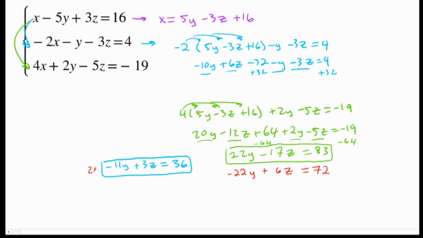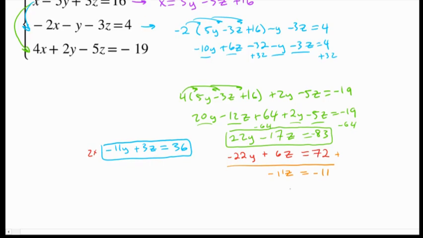Is that a positive 72? Oh, no, it's a negative 83. That was my fault in the green there. Okay, so now I can use what I know about elimination by adding these two. 22 plus a negative 22 is just 0. This becomes negative 11z, and this becomes just negative 11. So now my z value is just equal to 1.